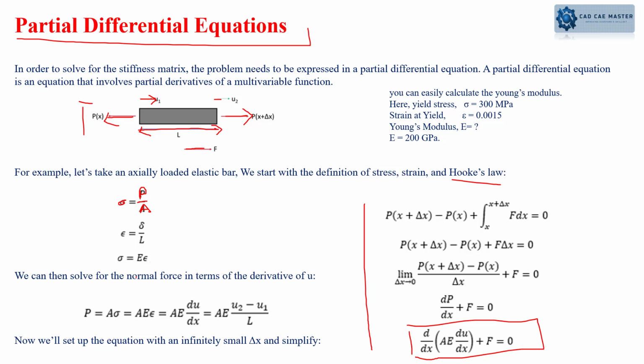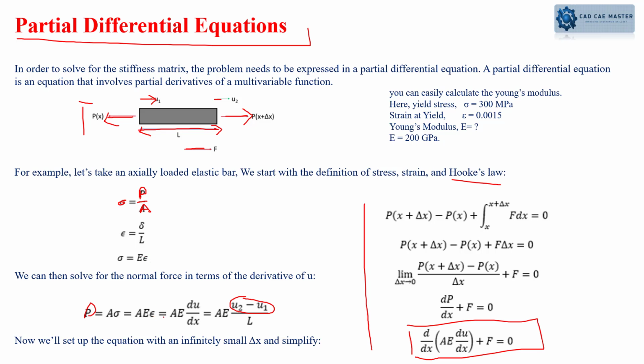Okay, so considering all these things, if you would like to rewrite the equation to get the change in length, this is what we are looking for. So equation P is stress times area, where the stress is equal to Young's modulus times strain.